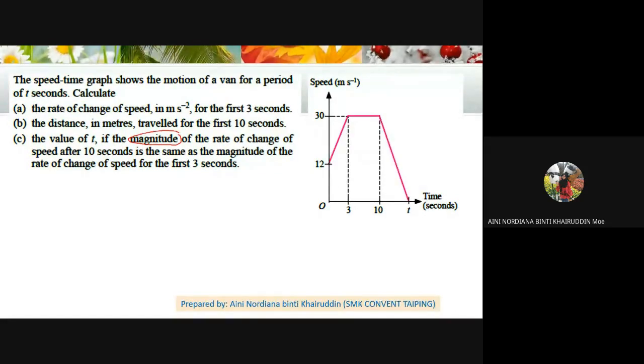As you can see, this gradient and this gradient have different sign of positive and negative kan. This one positive gradient, this one negative gradient. So magnitude ni you abaikan the negative and positive sign. Just consider the value.